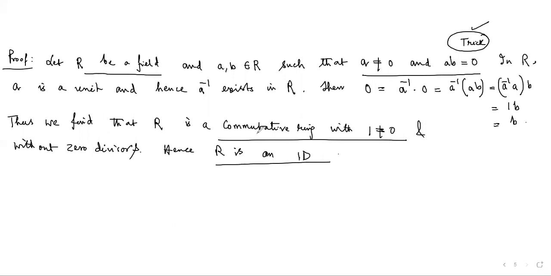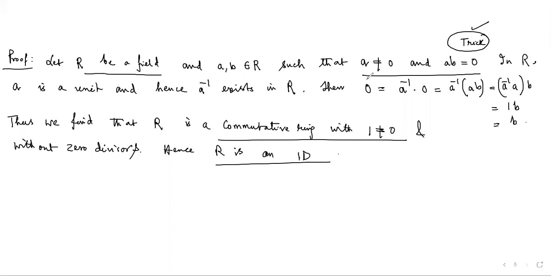Since R is a field, a non-zero identity element is present in R. To show that R is an integral domain, we need to show that zero divisors do not exist. When do zero divisors exist? When a is not equal to 0, b is not equal to 0, but their product is 0, then we say that there are zero divisors. But if the product being 0 implies that one of the elements is 0, then it is not a zero divisor.